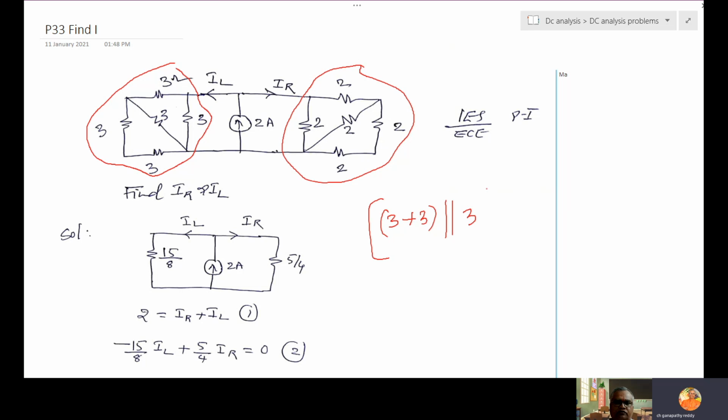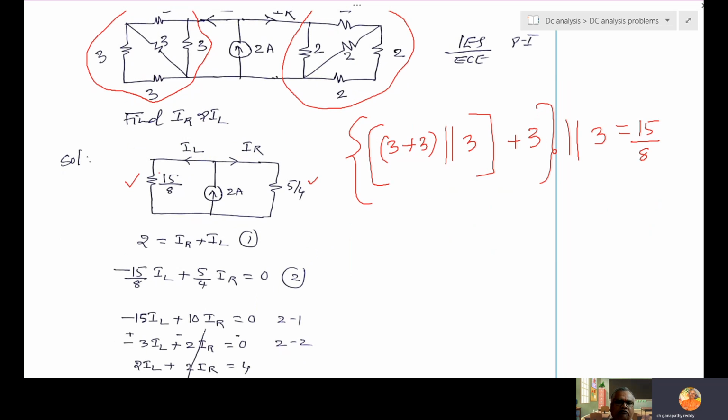This value is in series with 3. This value is parallel with 3. You simplify, you will get 15 by 8. So that value I have taken here. And 2 amps as it is. The same way, simplify this, you will get 5 by 4.